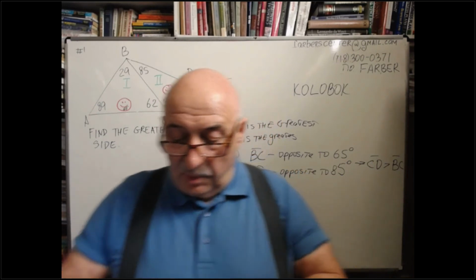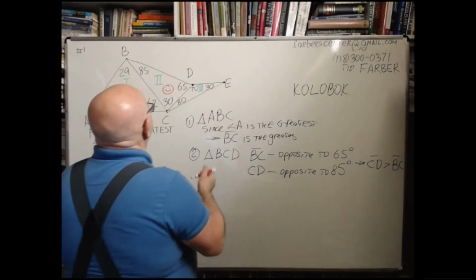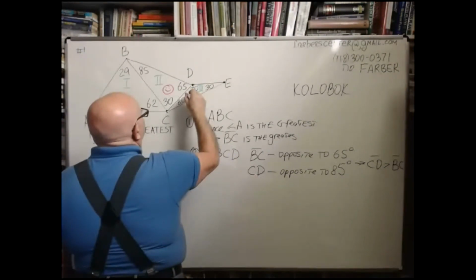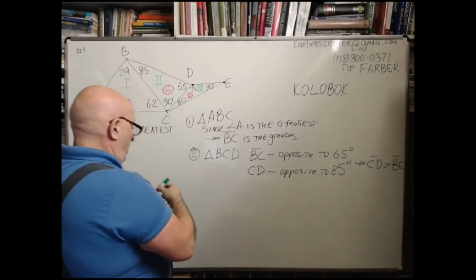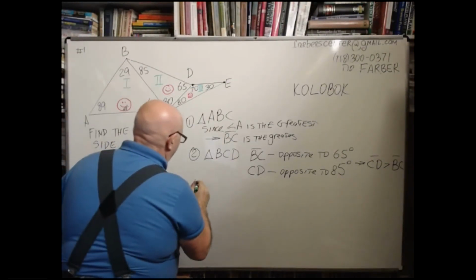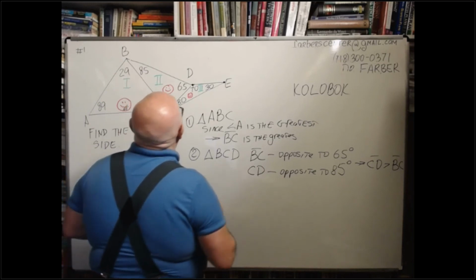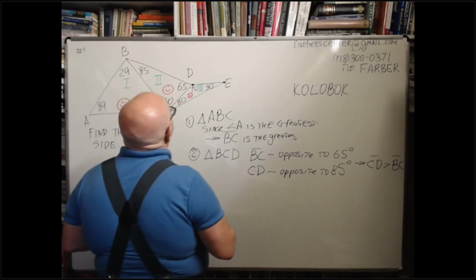And finally, this smart Kolobok rolls over to triangle number 3. We have named this triangle CDE.